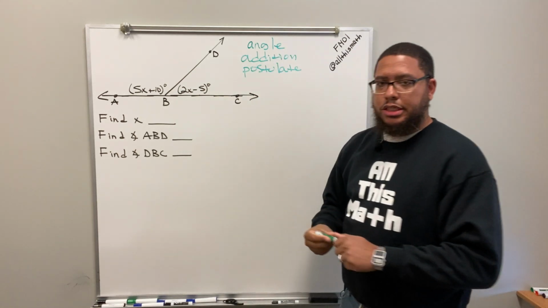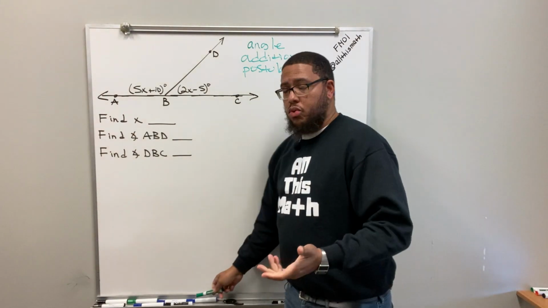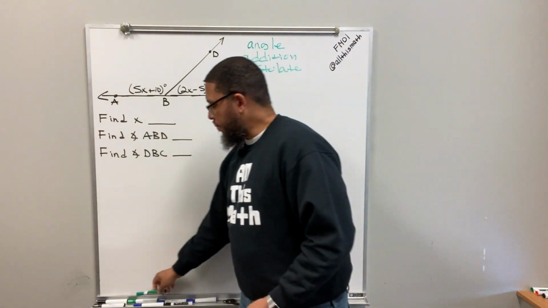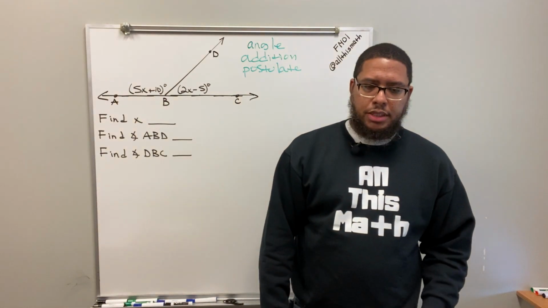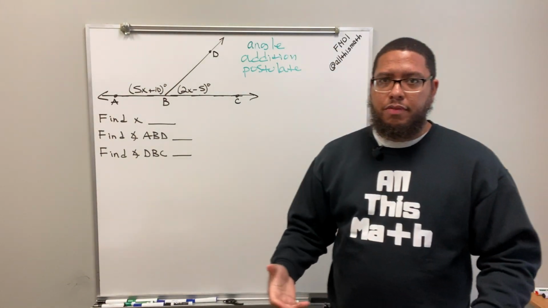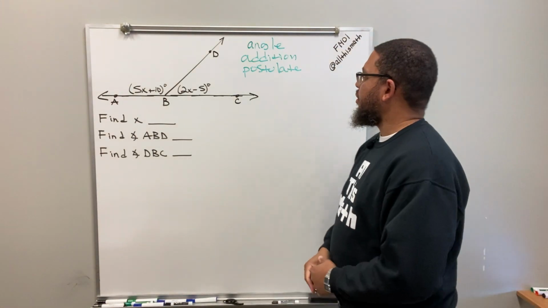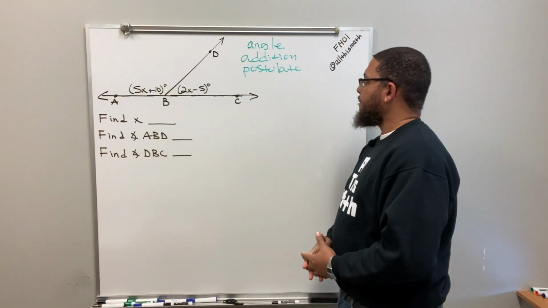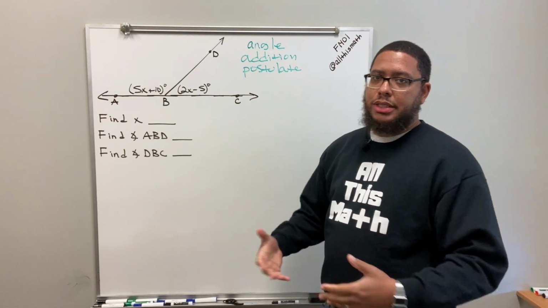And a postulate can just be thought of as a rule, a law, a generally accepted idea that works every time, basically. So the angle addition postulate, what does it say?